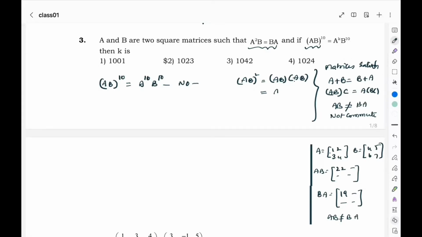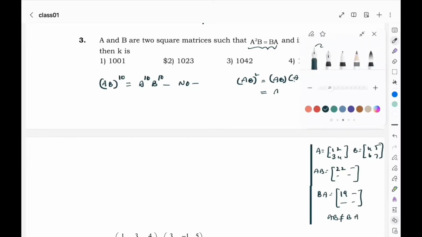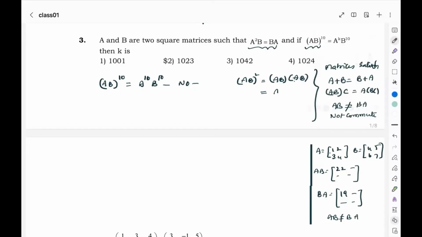So even if I apply the associative property here, by using this property I can write AB of C as A of BC. In the sense, C here is AB.